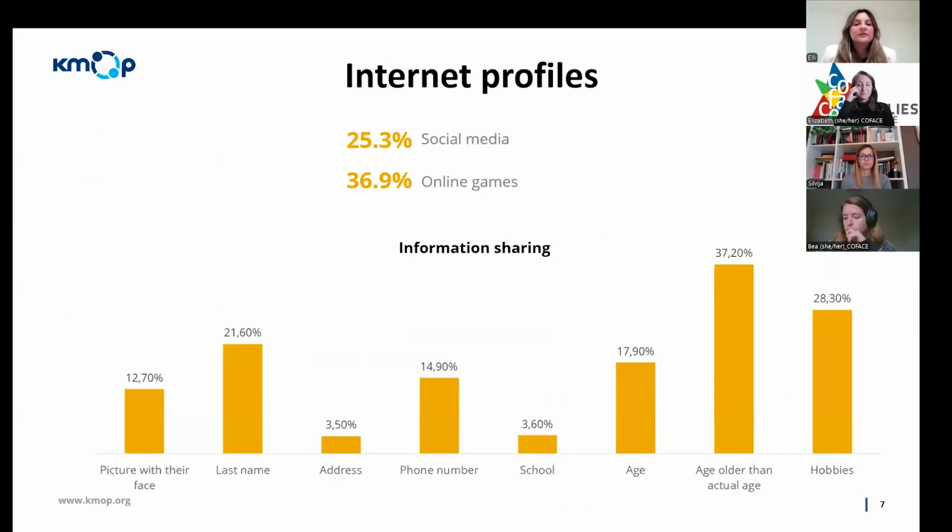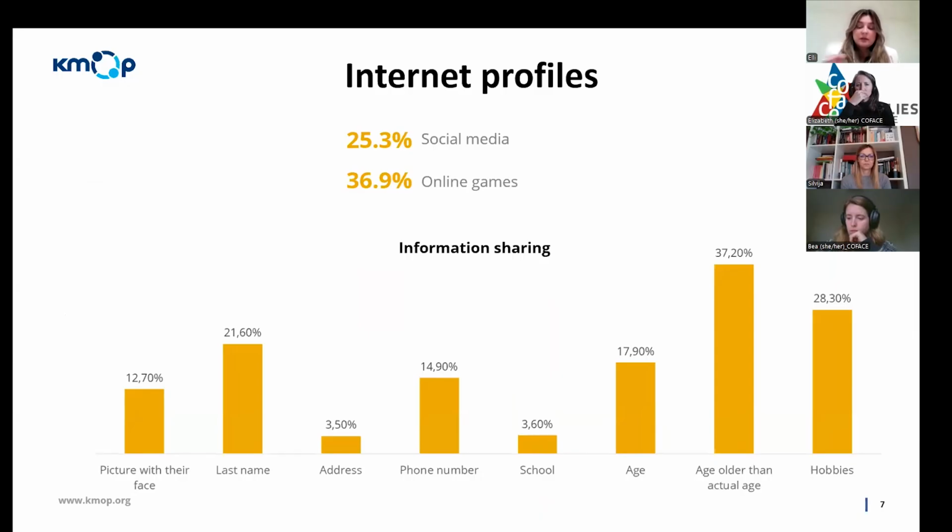Now, in terms of the internet profiles, 1 in 4 children has an account in social media, and 1 in 3 has a profile in an online game, which again might have the option of interacting with others. What we also explored was the information the children share online, and some information that can lead to risks.